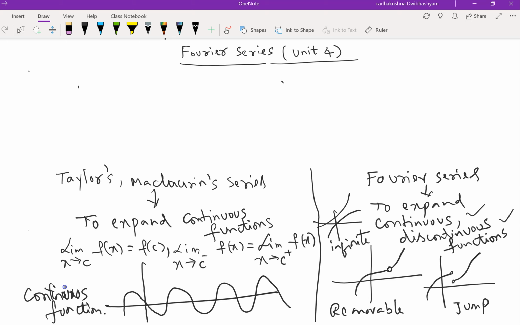But where do you use these expansions in engineering or in your particular branches? Fourier series is useful in vibration analysis, in heat conduction problems and even in signal processing. That means there are continuous signals and some discrete signals.